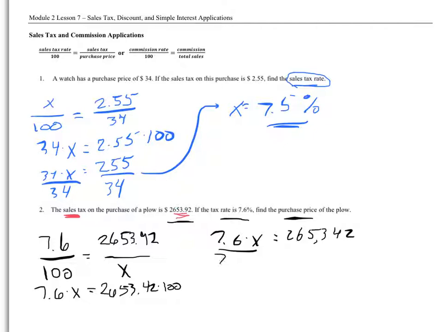Finally, we divide by that 7.6, and we come up with an amount. Actually, this one divides exactly. So if you do this division, you should get 34,920. And that would be, our units would be dollars here. So it's $34,920. That is the purchase price of the plow.